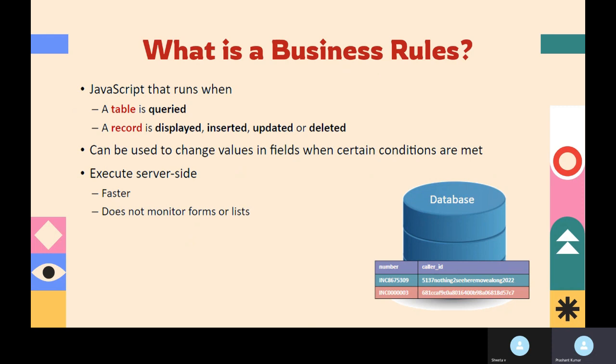There might also be cases where a business rule is not required, because business rules execute whenever a record is inserted or updated. So each time the record is updated, your business rule runs with no purpose, those huge lines of code execute, and the performance will be slow, right?